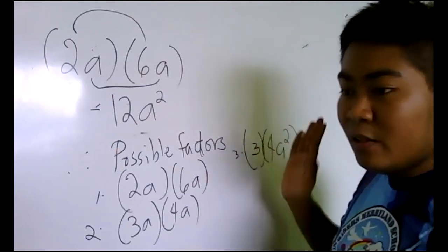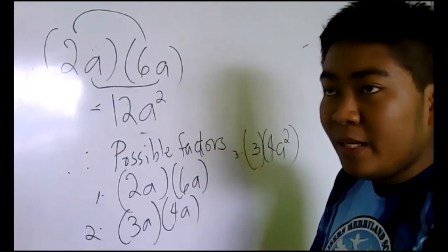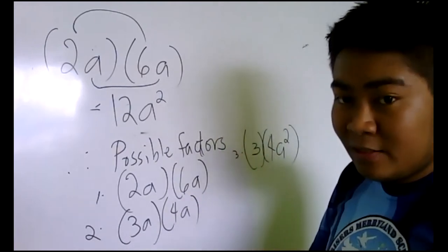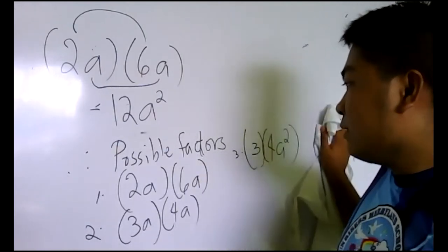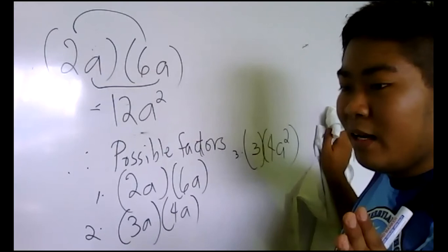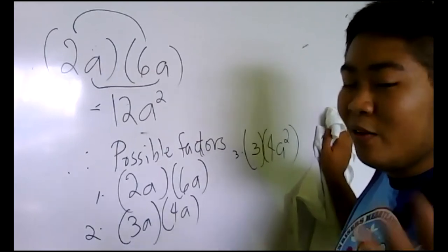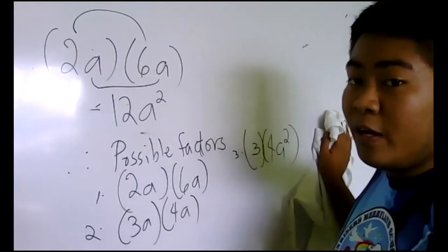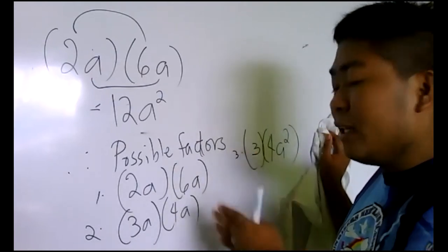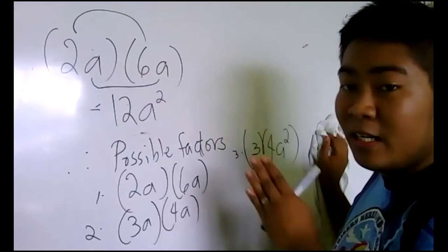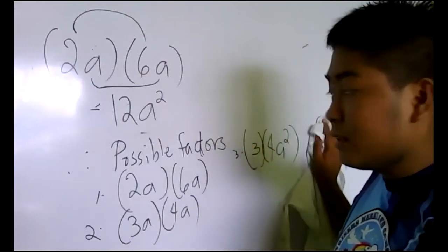Pwede rin na ganyan. So it might be a variety of answers depending on you, on how you are going to factor it. So there are possible factors naman. These factors are all correct.